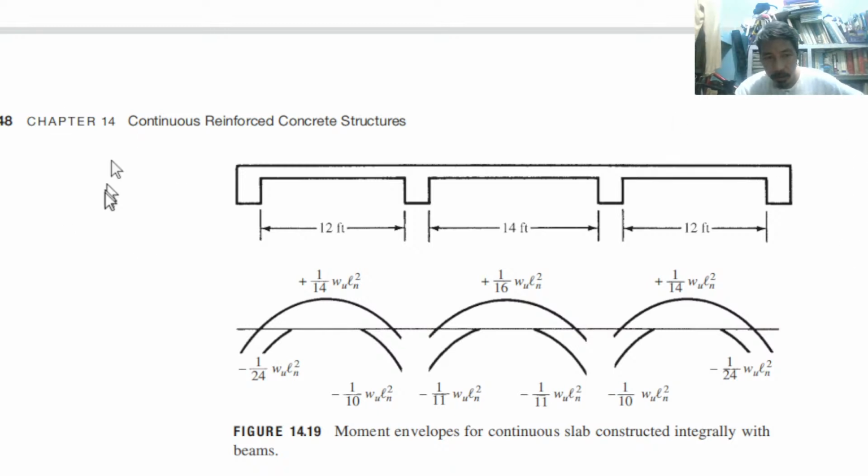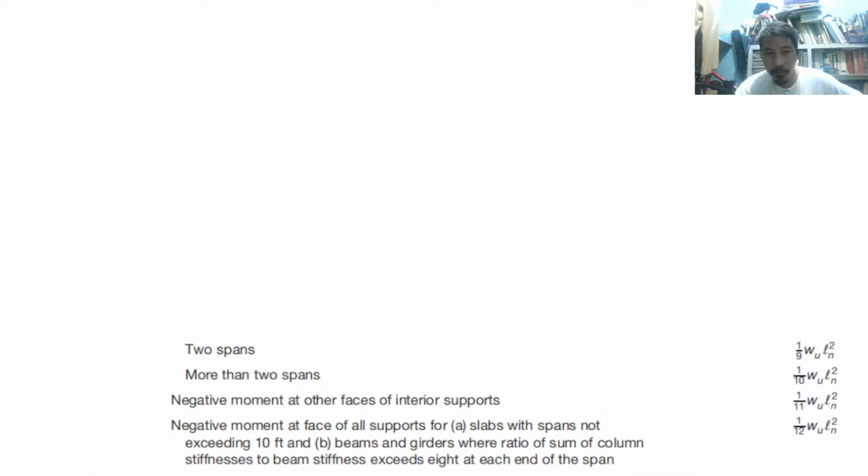That's why this is the exterior span. This is the interior span. How many spans are there? 1, 2, 3. There are 3 spans: 2 exterior spans and 1 interior span. Do you follow?